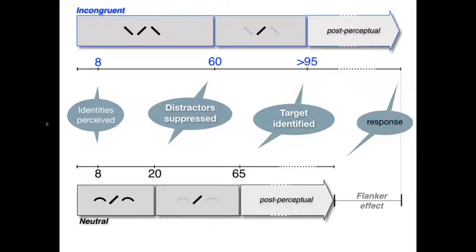Summarizing thus far, at the first stage, all stimuli were processed, followed by active suppression of distractors, after which the system continued to process only the target until it had accumulated enough information for a response. And we also saw that in neutral displays, distractors were suppressed earlier, target information was accumulated earlier, and as usual, responses were faster.